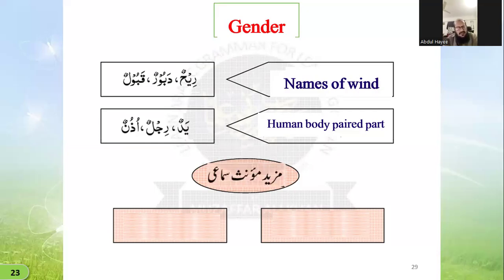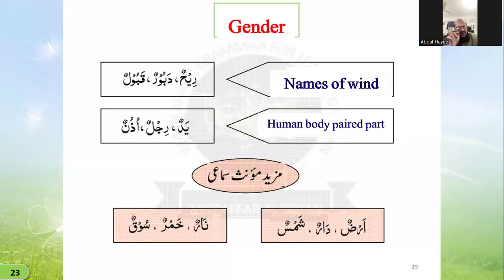There is another one, mazid muannas samai, just like ardun, darun, shamsun, narun, khamrun, sukun. They all are feminine words. We have heard from the natives. So there are three methods to find out the feminine. First, look for the real pair.